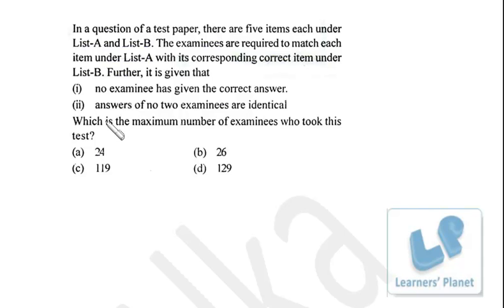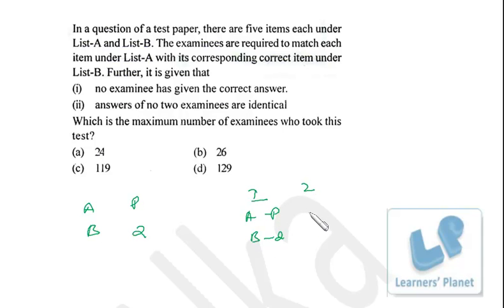Before I solve this problem, I will take one or two small examples so you can understand this concept. Suppose in list A and list B we have 2 questions: A, B and P, Q. Now the first student will match AP and BQ.